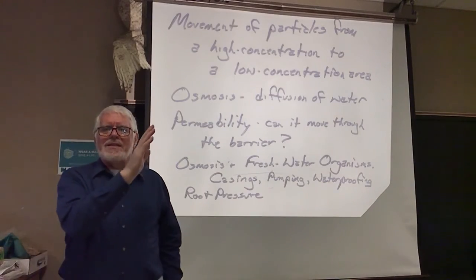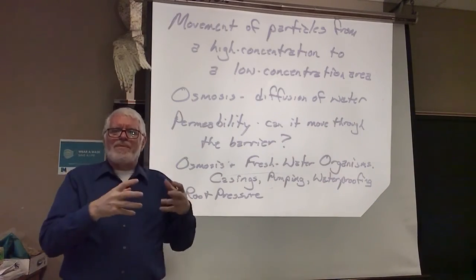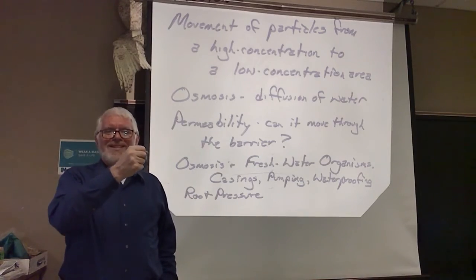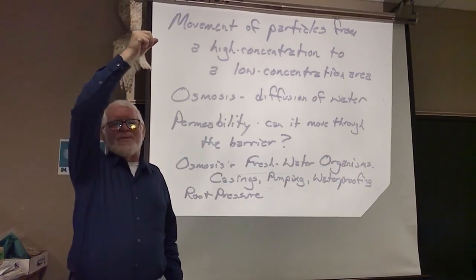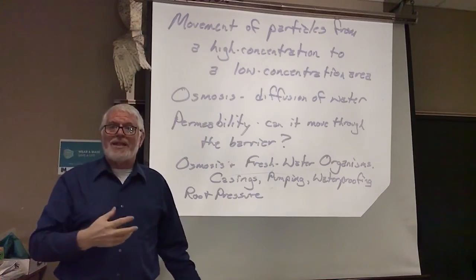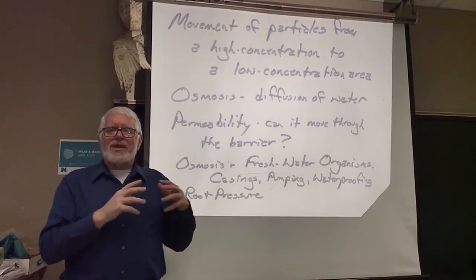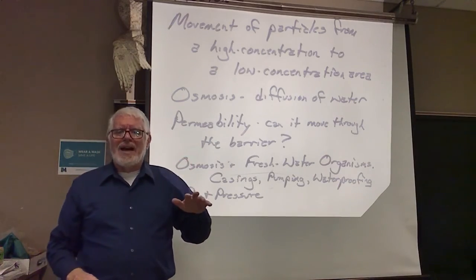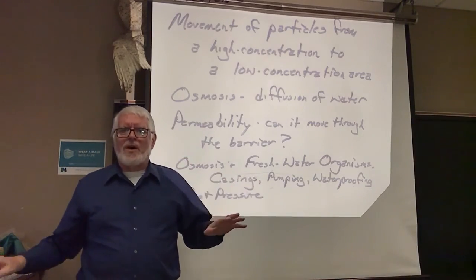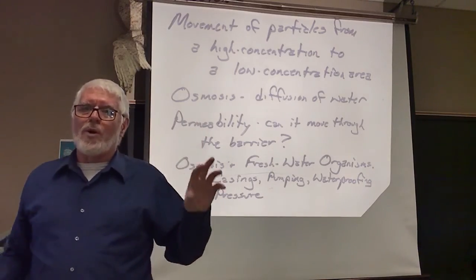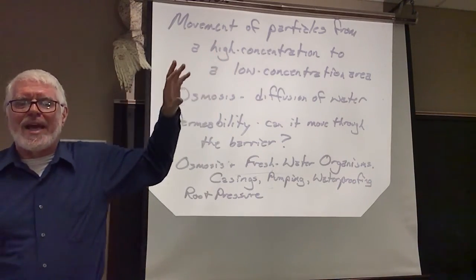The problem is that if I had a huge jug of water and I was lifting it, it gets harder and harder to get farther and farther over my head because gravity is pulling on the water. It does in the plants too. So root pressure is really good to get maybe 3-4 feet off the ground. And then just the gravity of the water, the weight of the water, makes it harder to get any higher in a plant.